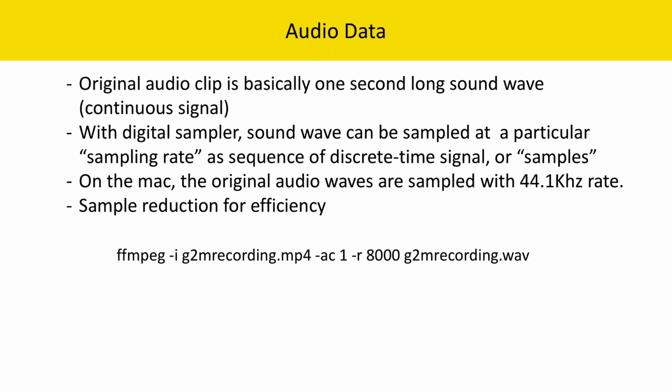So for example, on the Mac, the original audio wave by default will be sampled at about 44 kilohertz, meaning that a 1 second audio clip without any modification will have 44,000 data points. This is a little bit too much, and we actually started testing with the original, but then we found we really don't have that many training examples, right?